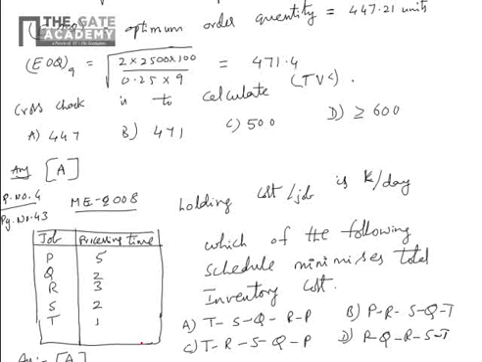Suppose I use first come first serve, PQRST, option D. After 5 days I need to pay inventory for all 4 jobs for 5 days, 4k into 5, 20k. Holding cost per job is k per day.